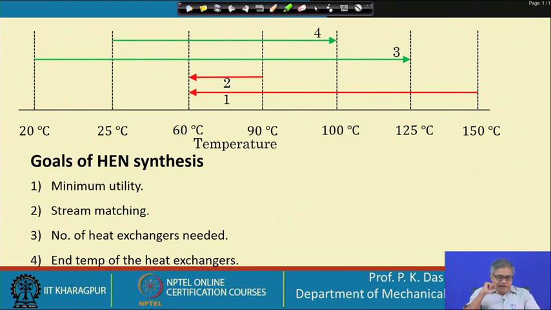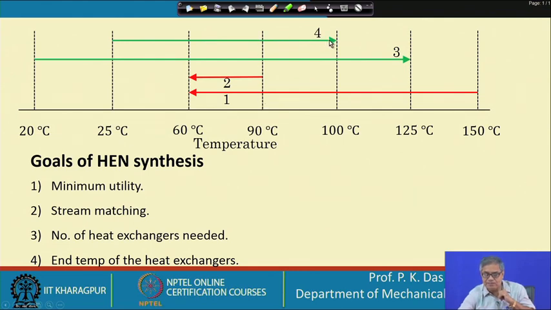Another thing we can see is that in the interval between 20 and 25 degrees Celsius, only one stream is there. From 25 to 60 degrees Celsius, there could be two streams. From 60 to 90 degrees Celsius, there could be 4 streams.